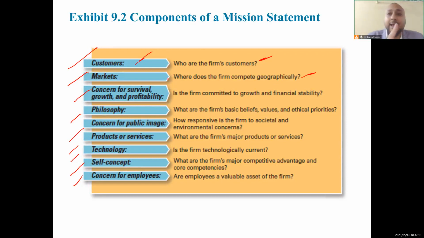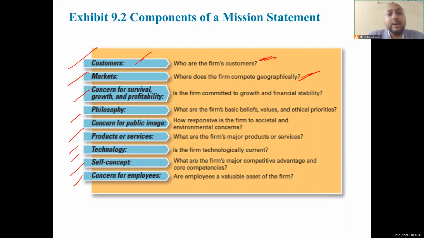For example, Apple America, Apple China. They both have different mission statements, and overall Apple Corporation has its own mission statement. Apple China will focus on the market of China, customers in China, right?